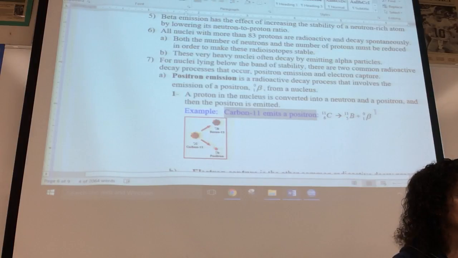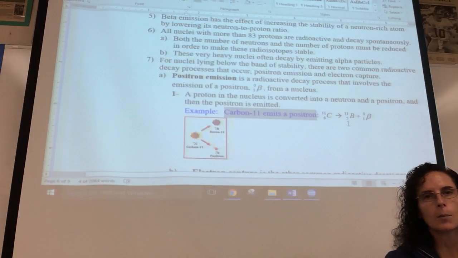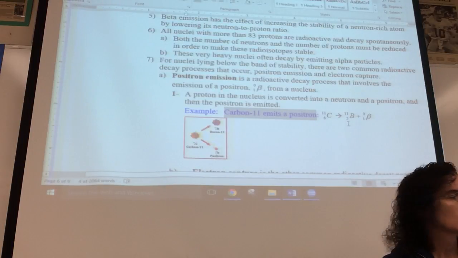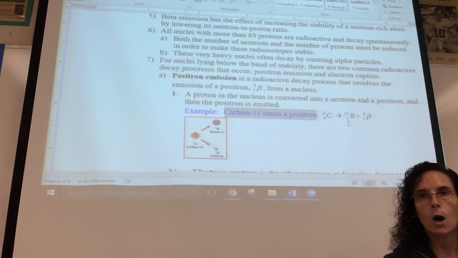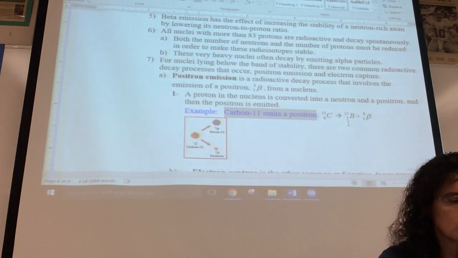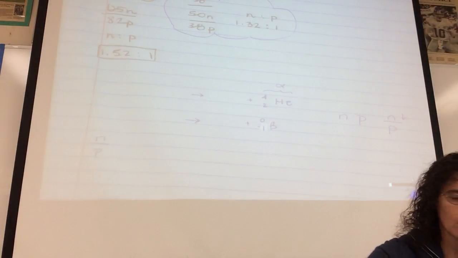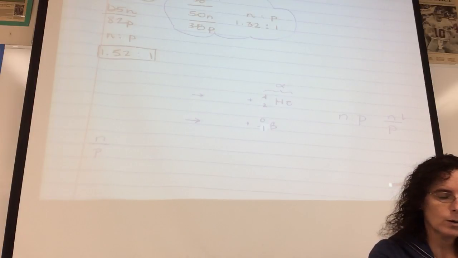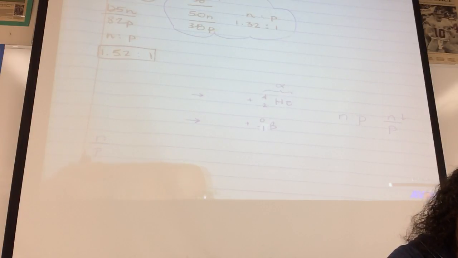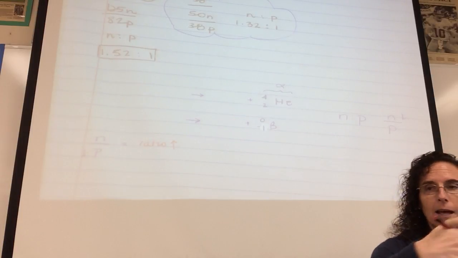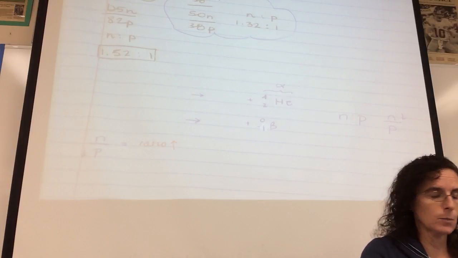So here's your positron here. What happens to the atomic number when you emit a positron? It decreases by 1. If you decrease proton, let's go back to this because I know this was not completely clear. When you look at this ratio, if you decrease proton, what happens to the ratio overall? It goes up. All right, so that'll get you back up within the band of stability.